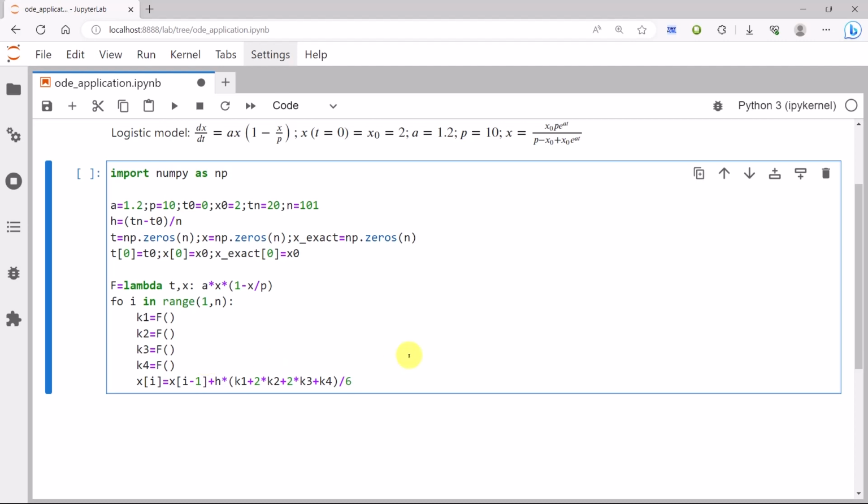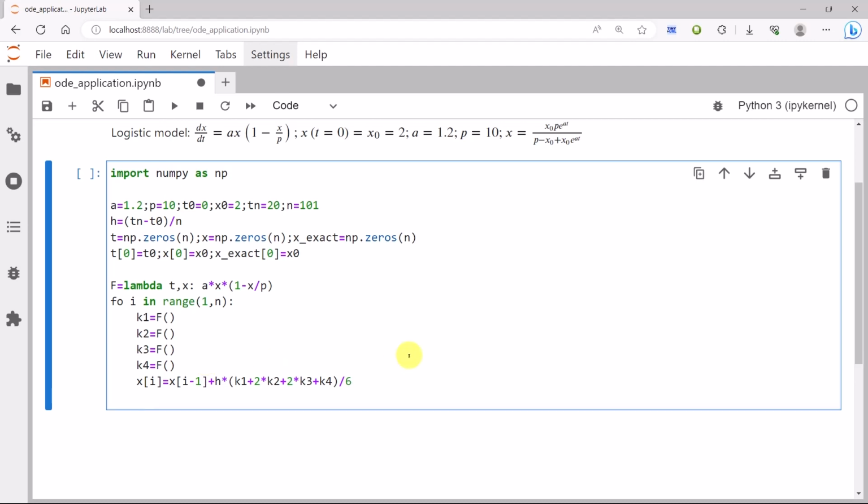I have to also find out the exact. So x exact i will be equal to x naught p e to the power at divided by p minus x naught plus x naught e to the power at. Sorry, I made a spelling error here.